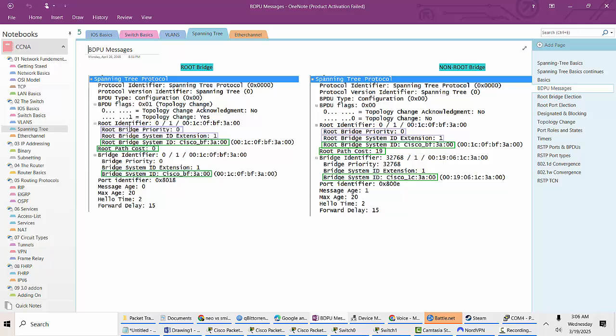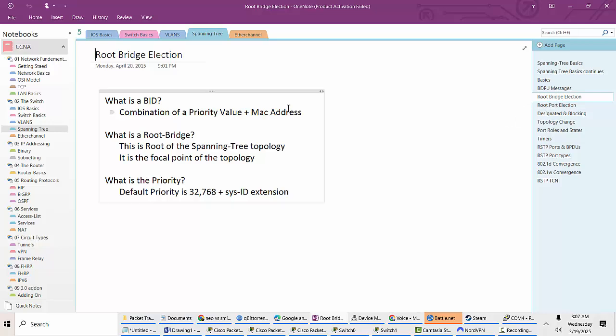None of this is going to make sense until we go through all the stuff that spanning tree does. Spanning tree is a large protocol to understand, and it all starts out with the BID, the bridge ID.